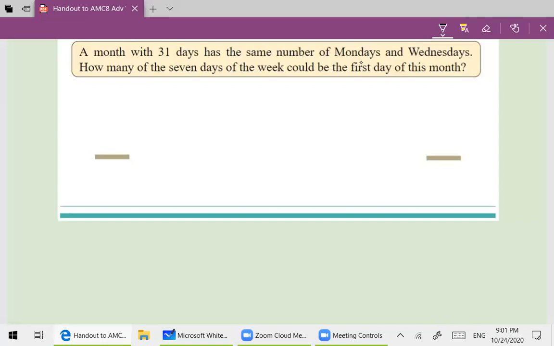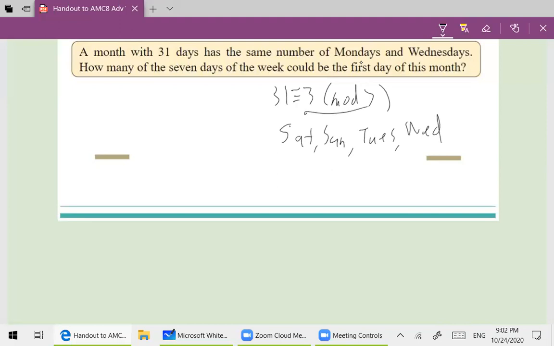Okay, so 31 is congruent to 3 mod 7, and so days that are within 3 days before Tuesday, Thursday, etc. So Saturday, Sunday, Tuesday, and Wednesday are all bad days because it's 3 mod 7.